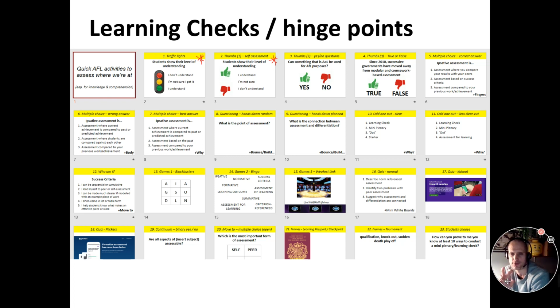This is particularly useful for knowledge and understanding, I have to say. Two of these I've starred, the traffic lights and thumbs up or down, are not the best ways, simply because they don't actually check specific learning. They rely on student self-reporting of their understanding, which isn't the same as being able to accurately represent their understanding.